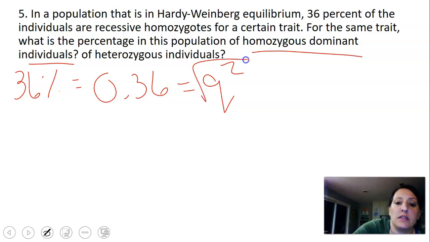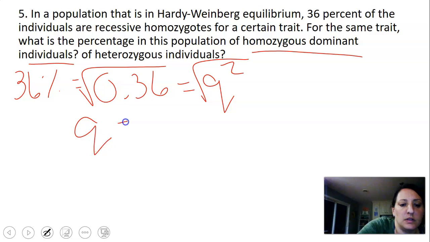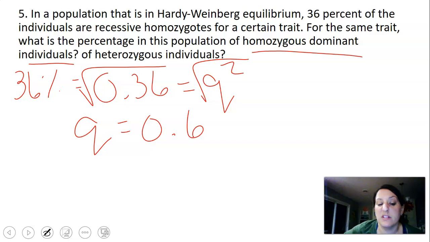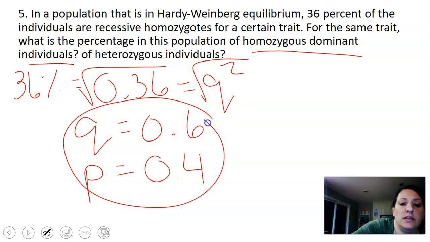So I'm going to take the square root of both sides of this. So Q is going to equal 0.6. The square root of 0.36 is 0.6. And so if Q equals 0.6, then P equals 1 minus 0.6, which is 0.4. Okay, so there's the frequency of my alleles.